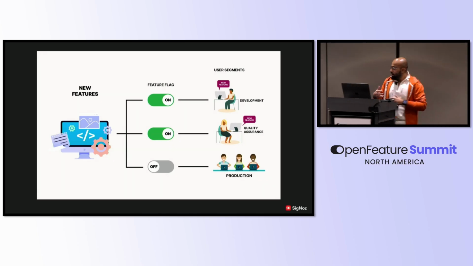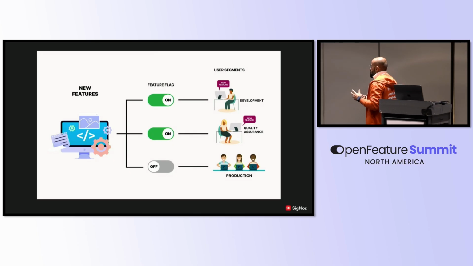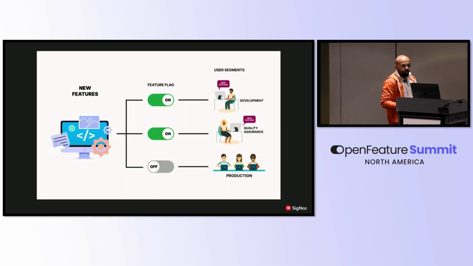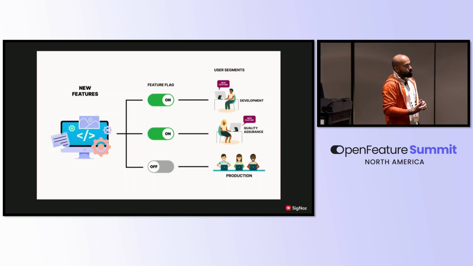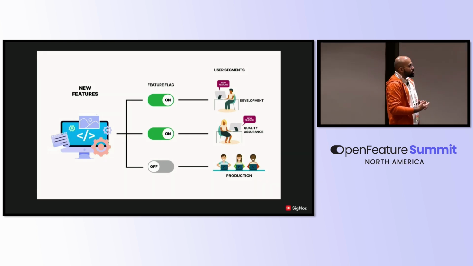So why and when do we use feature flags? Let's just say I want to do some A/B testing. I want to roll out some feature for just my development environment, just for the people in quality assurance and not for the actual users of my application.